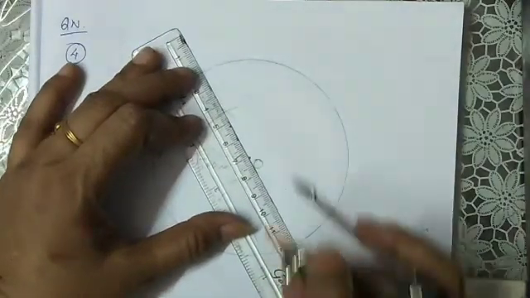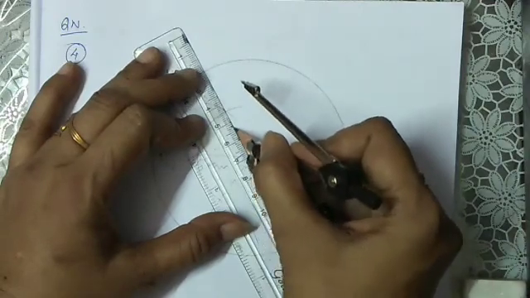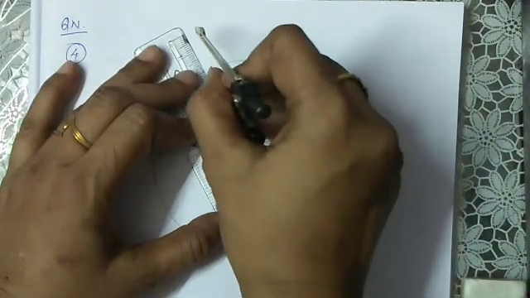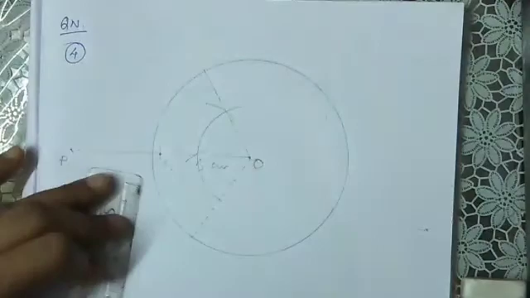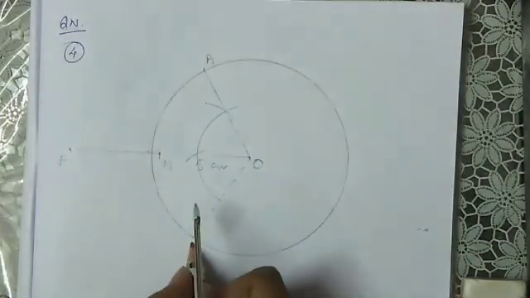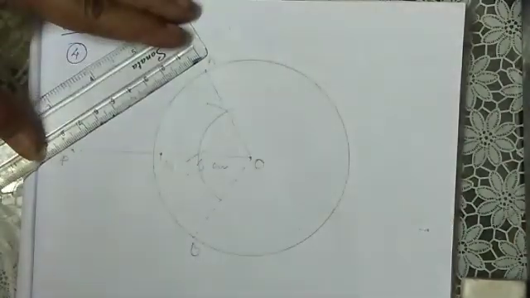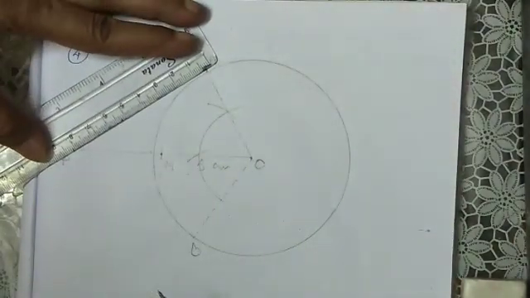So 60 and 60 gives you 120. These 2 points you join. Let it cut the circle at some points, say it is A and this is B, and these 2 points if you join with P, then they will be the tangents.